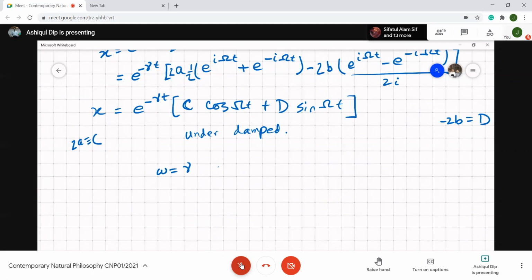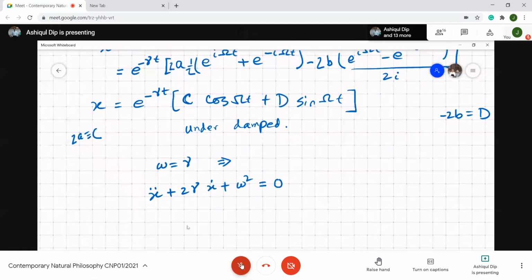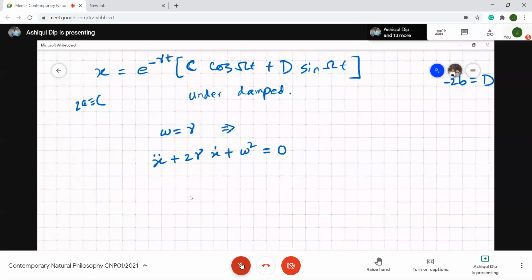So when omega equals gamma, we can write our differential equation: x double dot plus twice gamma x dot plus omega squared x equals 0, right? That was our differential equation. So let's substitute gamma by omega, because in this case those are the same.